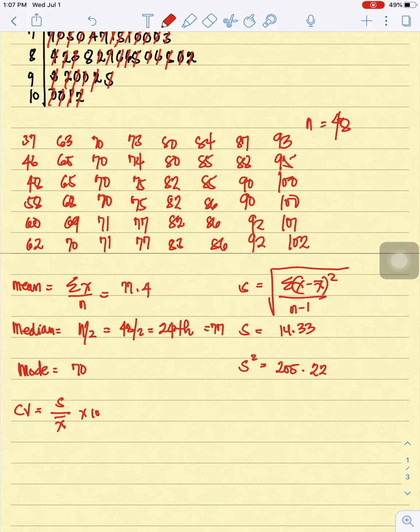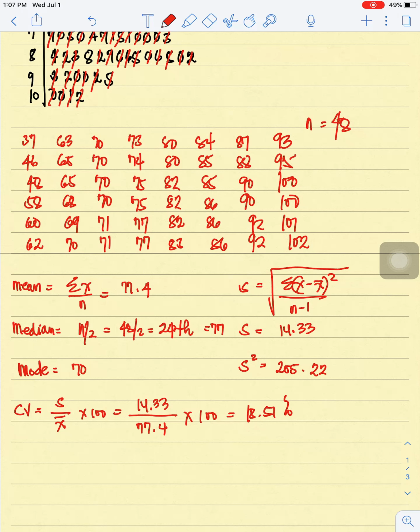Then we can now compute the coefficient of variation, CV, that is S over X bar times 100. That is 14.33 divided by our mean of 77.4 times 100, and that is equal to 18.51%.